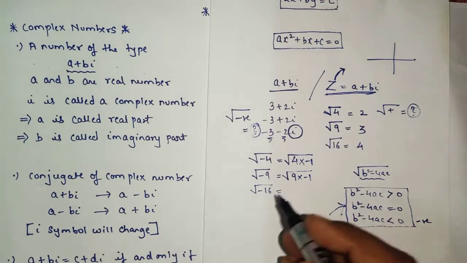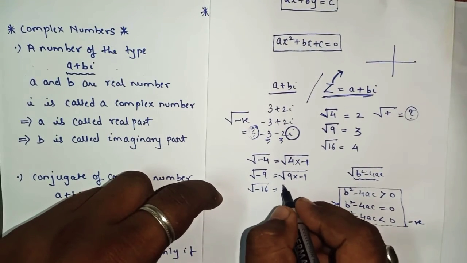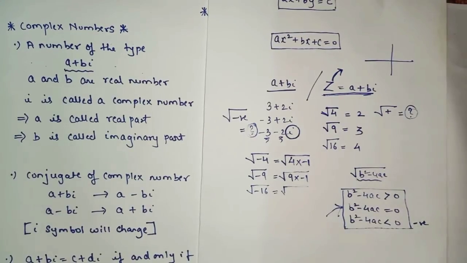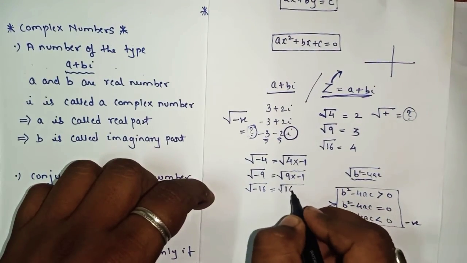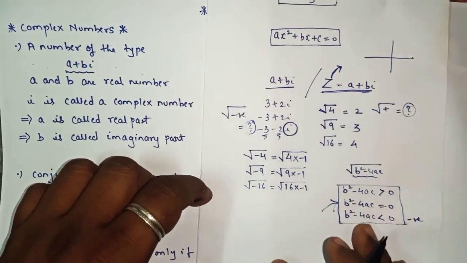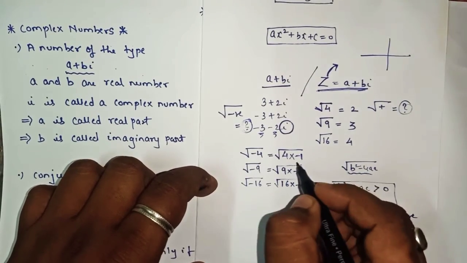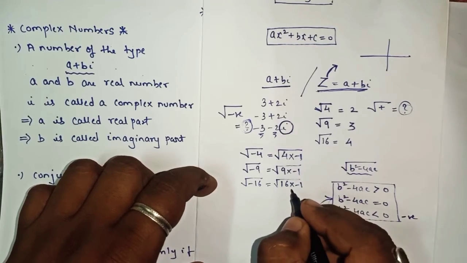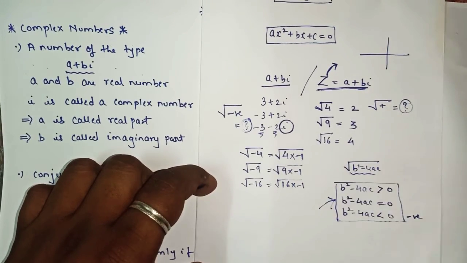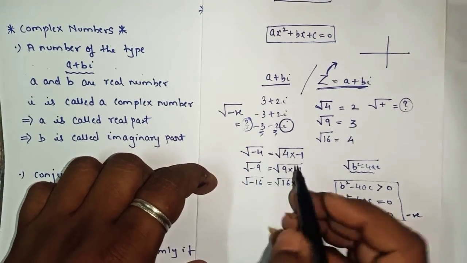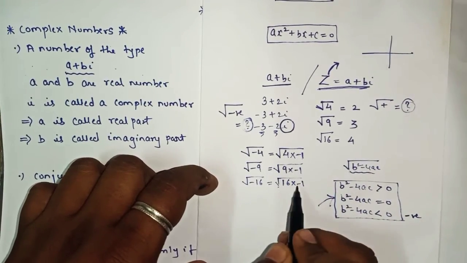Then can I write minus 16 as 16 into minus 1? So he decided that he will break the minus term as into minus 1 each time. Whenever we have to find the square root of any negative number, we break it like this: 4 into minus 1, 9 into minus 1, 16 into minus 1.